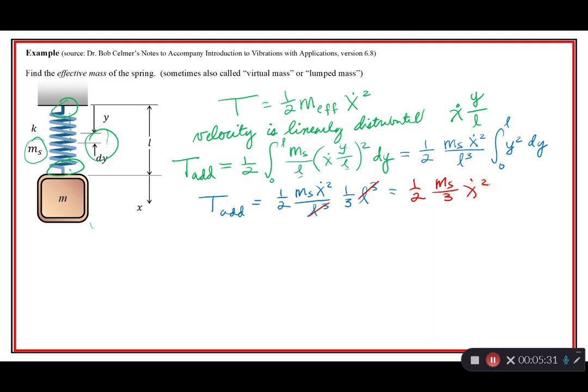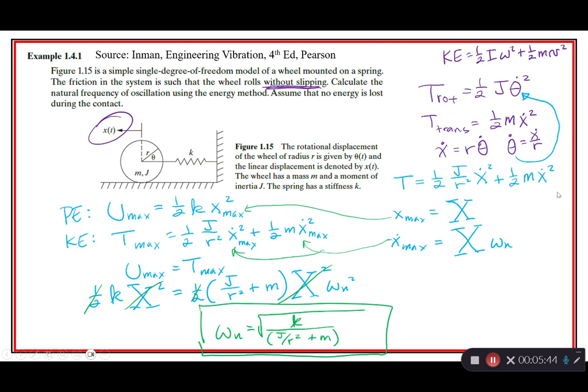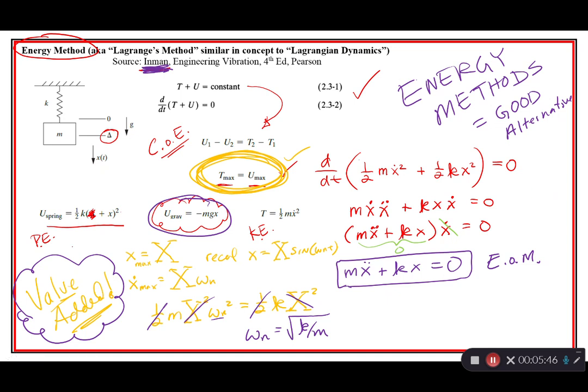And I think Dr. Bob did this differently in his solution. Yeah, he just plugged it back in. I'm going to use the value added approach that I called in the previous one, where we use the maximum.